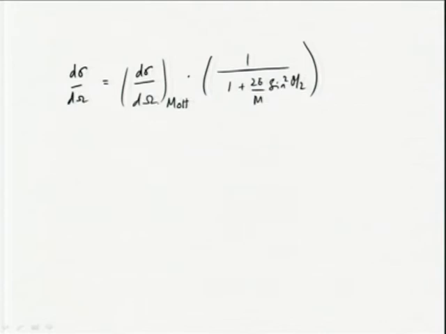The spin part is already taken into account, we are considering the Mott cross section, and now the charge will actually take up a distribution.